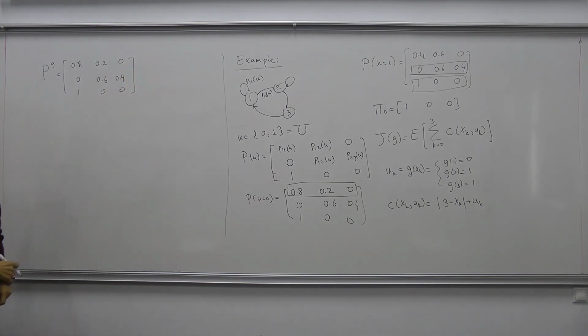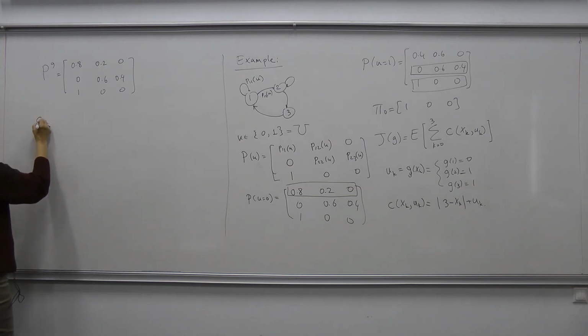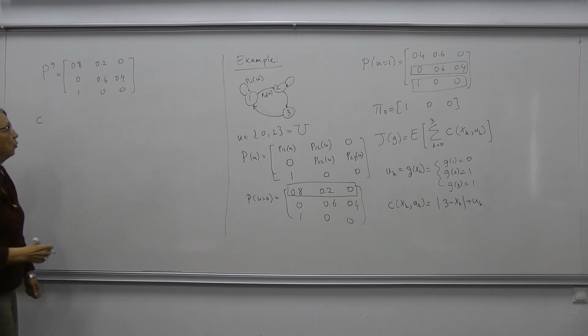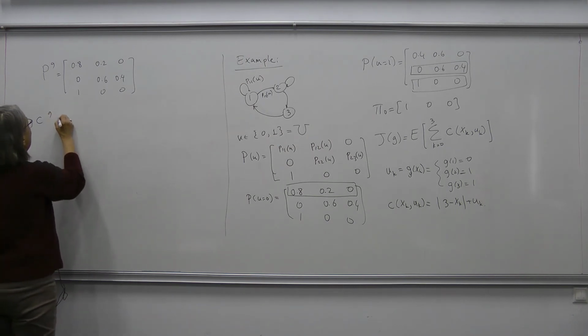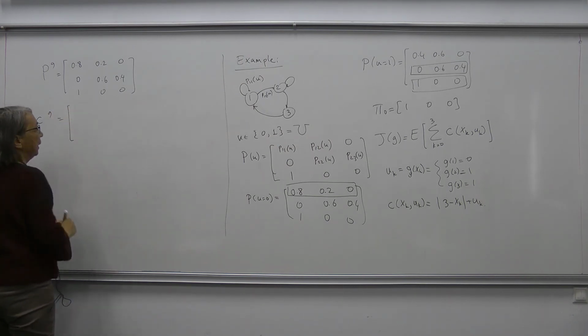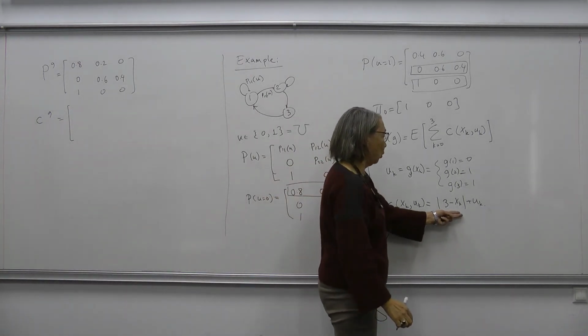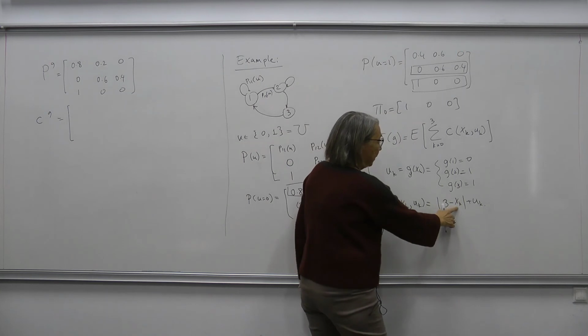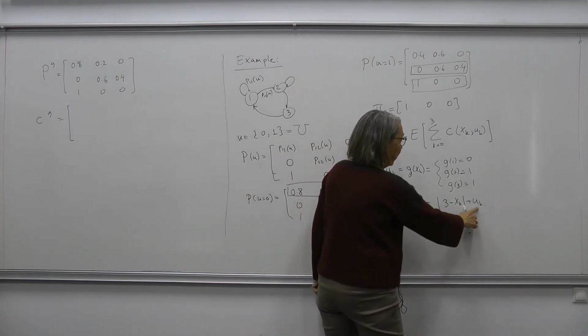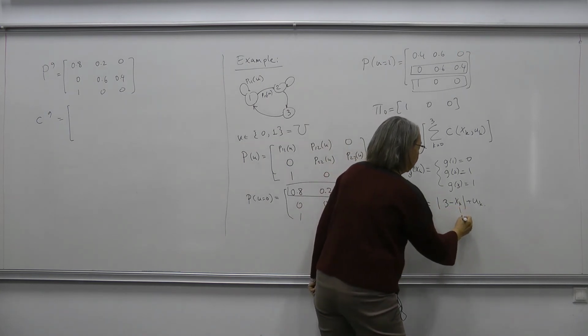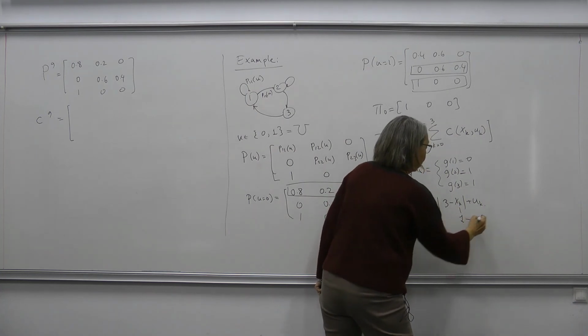I also have to calculate our C. I will not write here K because it is not a function of time, but I will write CG. CG will be equal to, we just look at the incremental cost there. If the state is 1, then U is equal to 0.